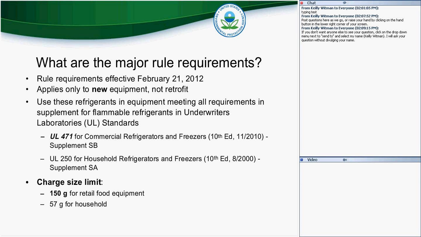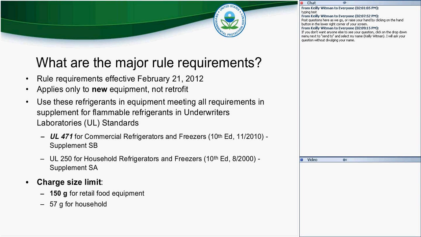For what this has been approved for in commercial refrigeration uses, there shouldn't be a problem for equipment manufacturers to manufacture reach-in cooler self-contained units that come in under that 150 grams.